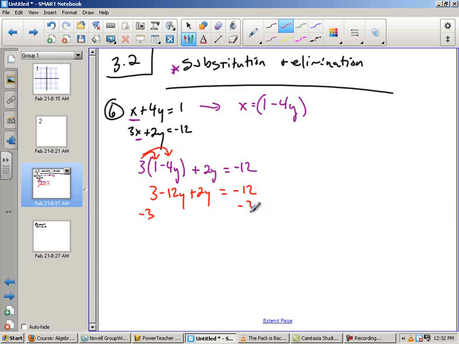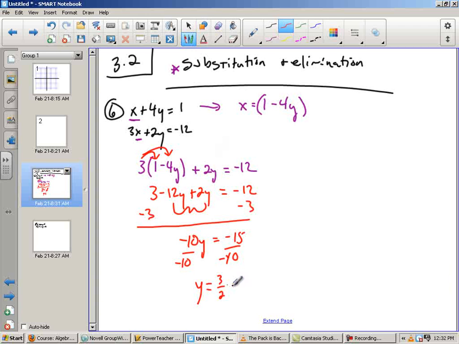I'm going to subtract 3, and I'll combine these two in the middle. This should come out to negative 10y equals negative 15. Dividing by negative 10, I get that y is equal to 3 over 2 if you reduce by dividing by 5. So there's my y value.